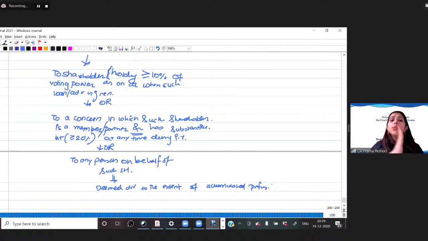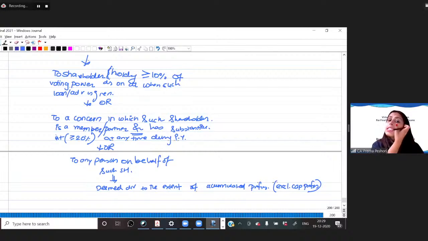Now 222A to 222D had accumulated profits whether capitalized or not. Here, excluding capitalized profits. Here you do not have capitalized profits. Clear?